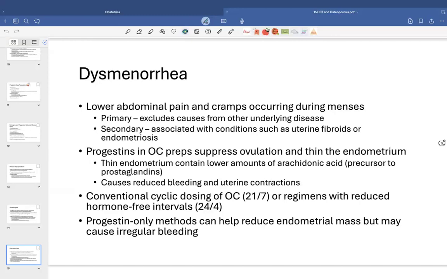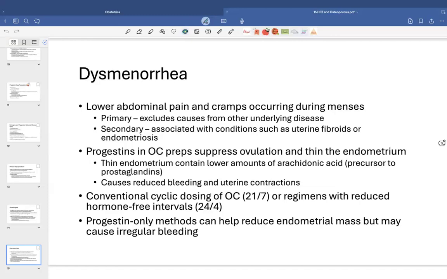So in any event, the prostaglandin precursors are going to be lower in concentration once you thin out the endometrium. So that's why progestins can actually help for dysmenorrhea.